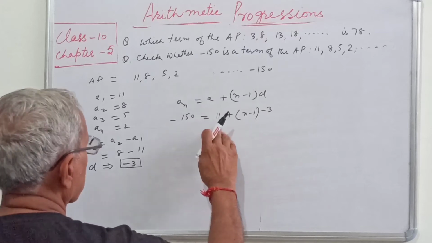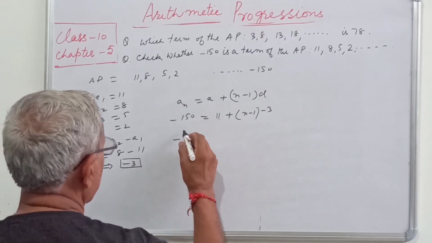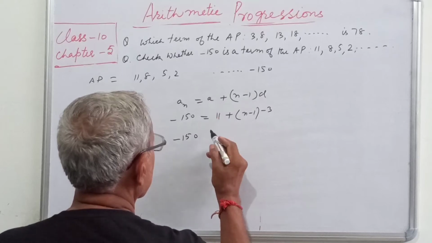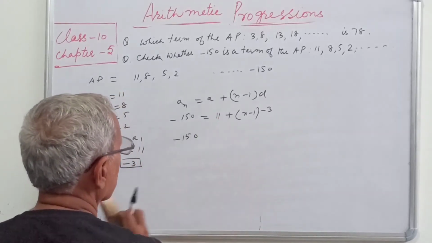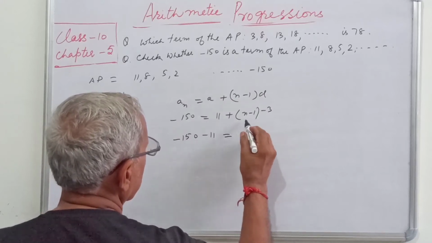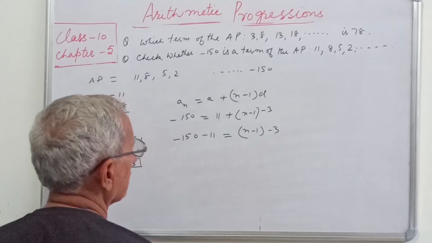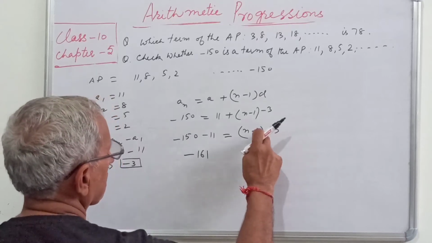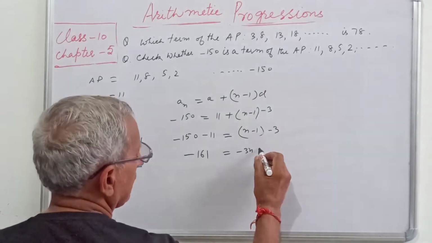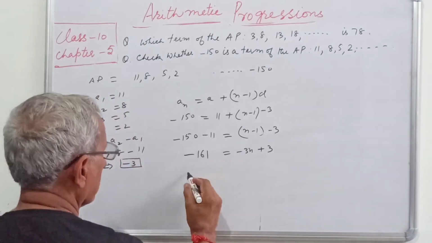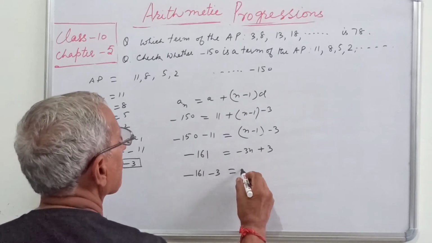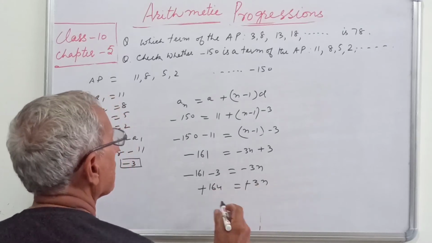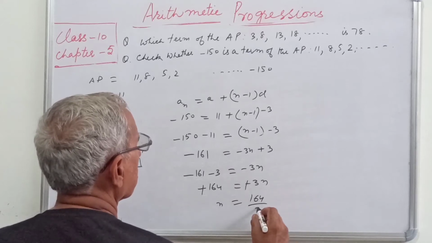So 11 को इस तरफ करेंगे हम, तो पहले 11 को इधर क्या आ गया माइनस 11, इधर आ गया n माइनस 1 इंटू माइनस 3. सो माइनस 3 से इसको हो गया 161 और इसको मल्टीप्लाई किया सो हो गया माइनस 3n प्लस 3. तो 3 को जब इधर किया तो आ गया माइनस 161 माइनस 3 इज इक्वल टू माइनस 3n. तो माइनस 164 इज इक्वल टू माइनस 3n. सो n की वैल्यू आ गई 164 upon 3.